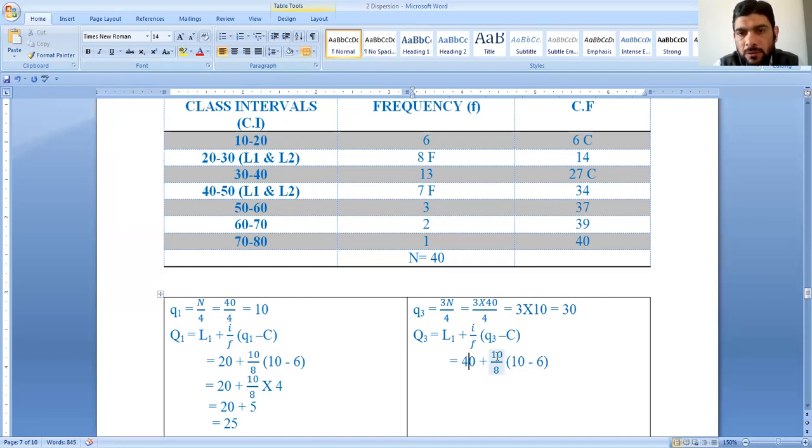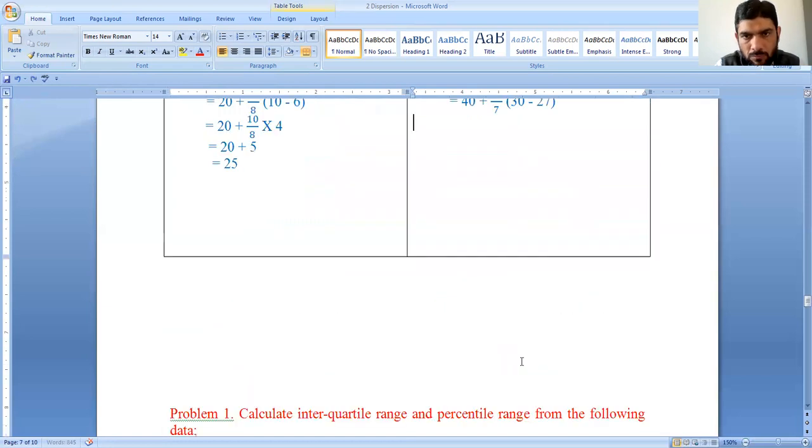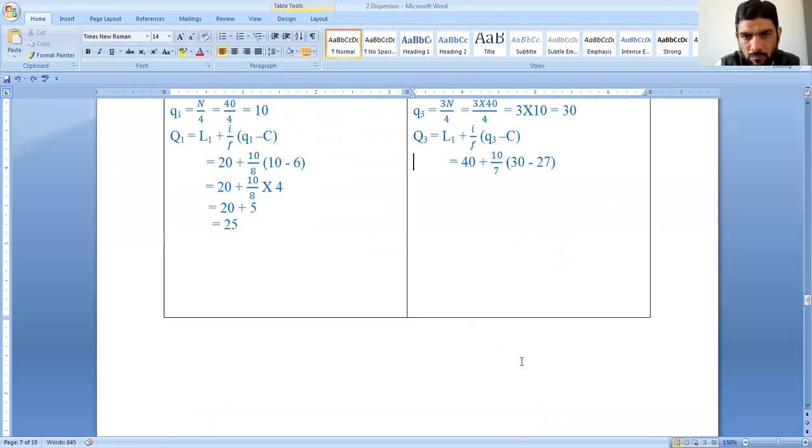Now i is 10 and f is 7. The value corresponding to small q3 is 30, and 30 minus C, which is 27, gives 3. So 40 plus 10 upon 7 multiplied by 3.